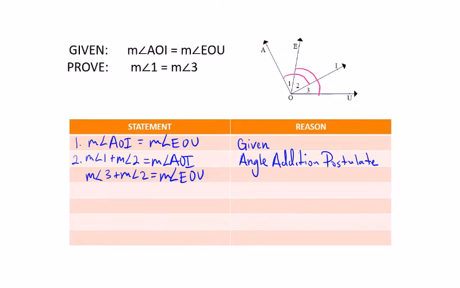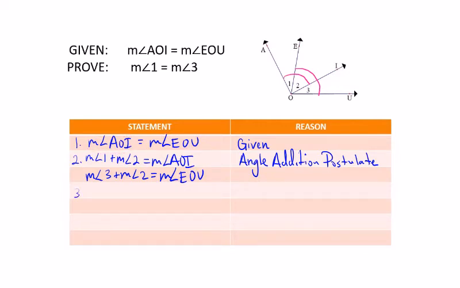All right, so now what I see is I have 2 values that are equal to each other, right? AOI and EOU, so they have the same value and they're equal to 2 different things. And so that means those 2 other things must be equal to each other by the transitive property.